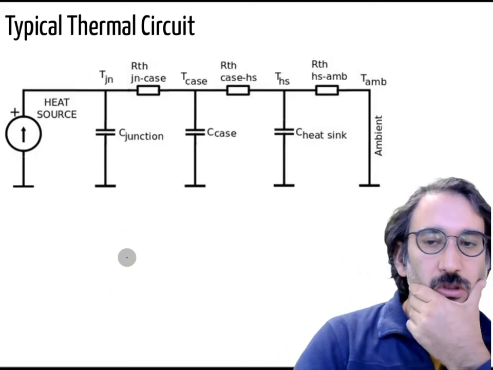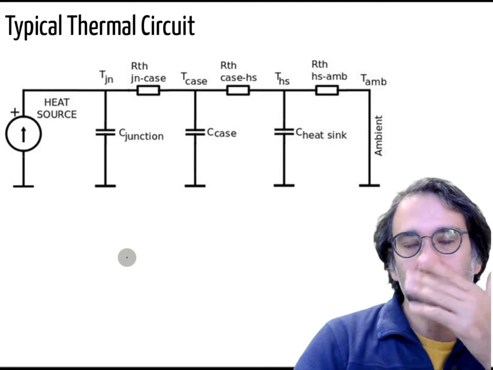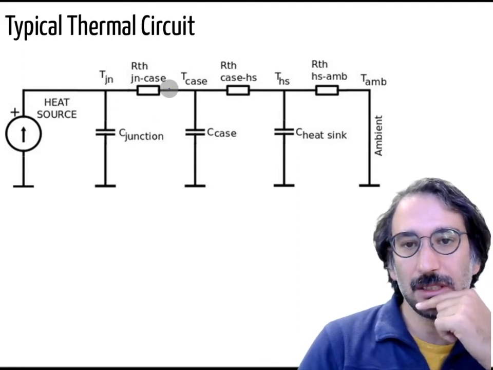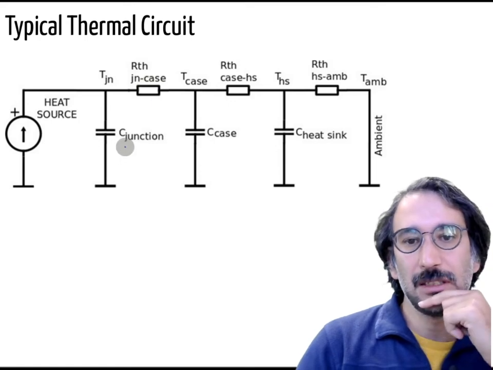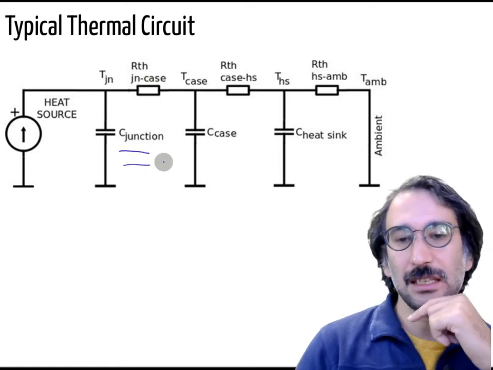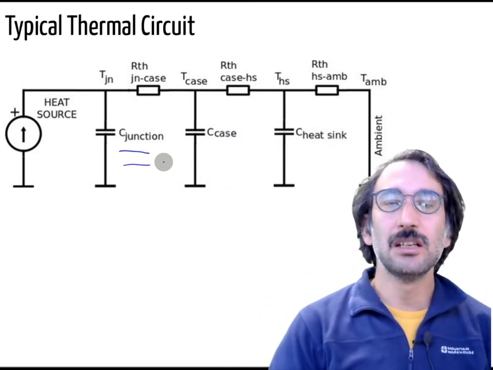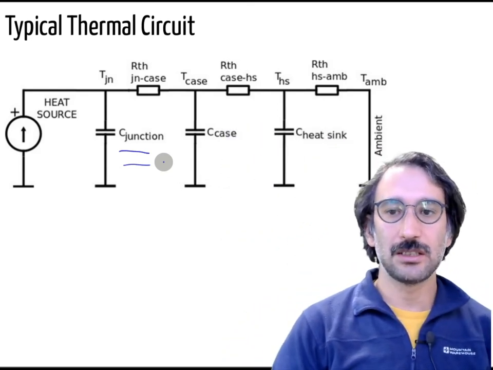In the early slides, up to now, we only talked about the thermal resistance, but there is also some heat capacity, and that heat capacity can be small for a junction, but it can be quite large for a heatsink.